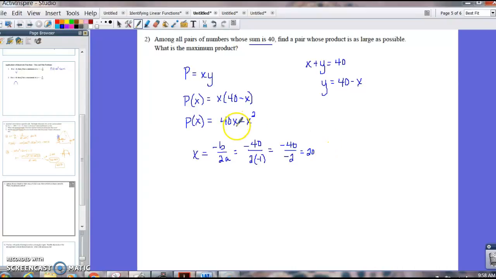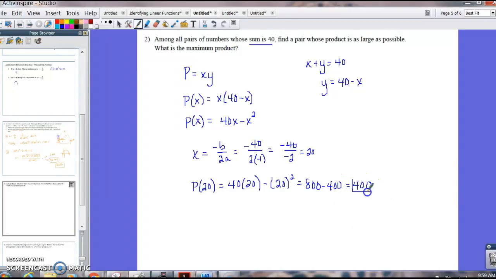If I plug that into my function, then I can figure out what that product is. So if I plug in and find P of 20, I end up with 40 times 20 minus 20 squared, which would give me 800 minus 400, which would give me 400.